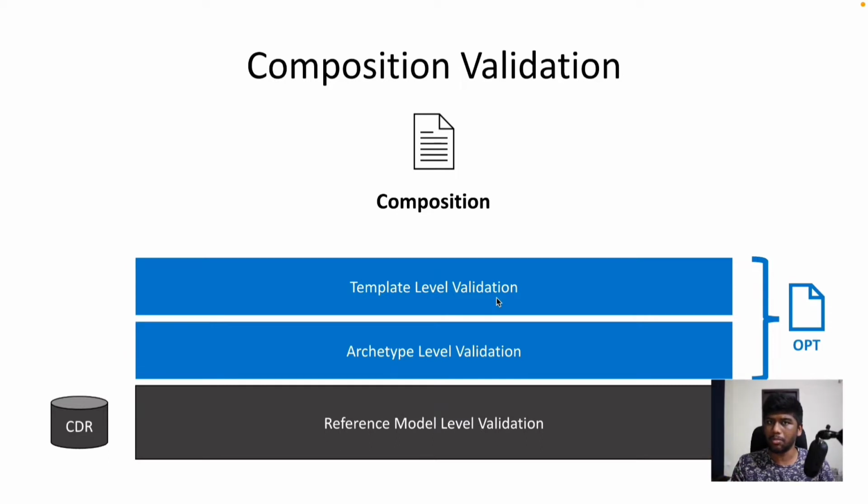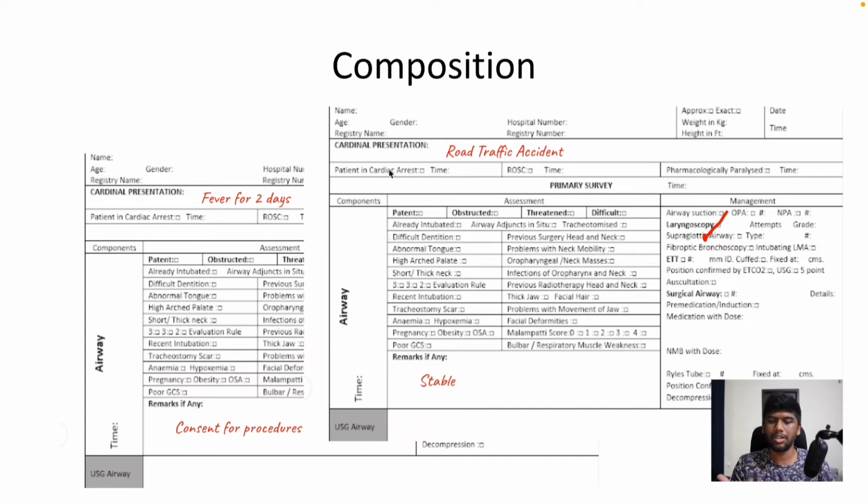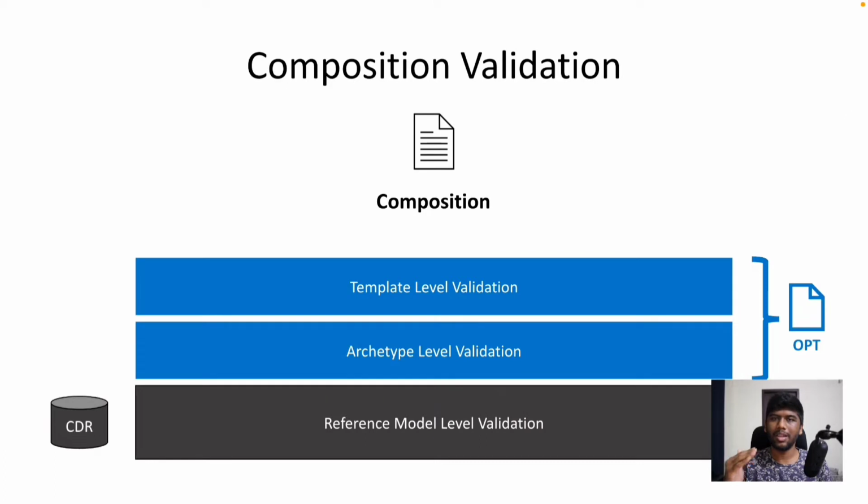That's obvious, right? But technically that's where the problem is. On paper, you can record it even if it's not part of the form. You can just write it on the side of the piece of paper. But OpenEHR is digital, and you can't record things that you don't explicitly mention in the template. So template level validation is number one.